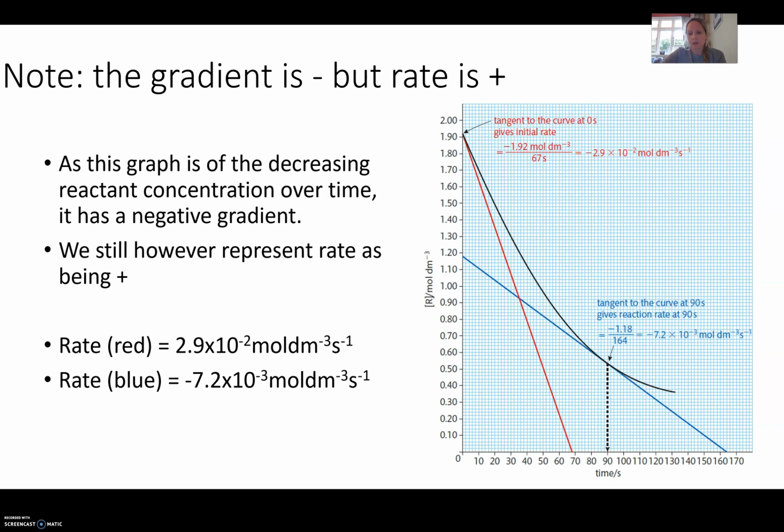As I was saying before, and I should have probably been a bit more specific as the slide's telling me to be, this is the gradient. The gradient's negative, but the rate is actually positive. That's purely because we're talking about changing the concentration, and this is decreasing reactant concentration over time, but the rate will still be positive.